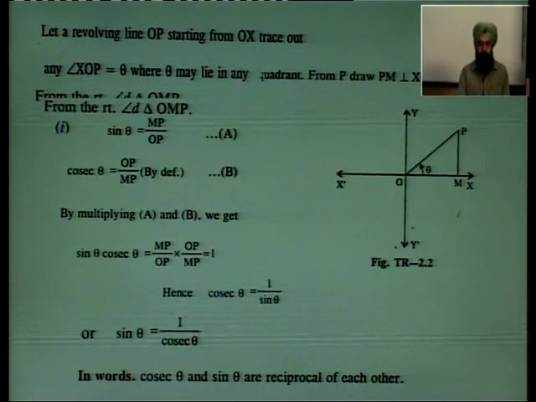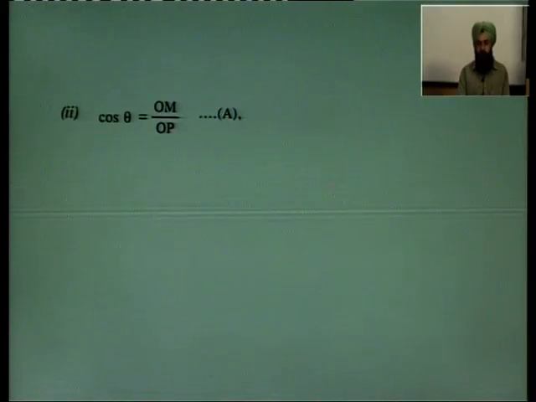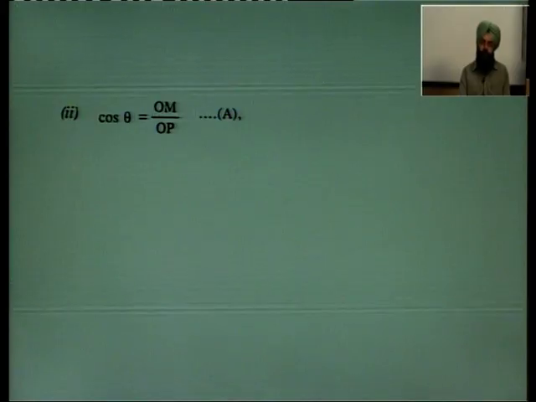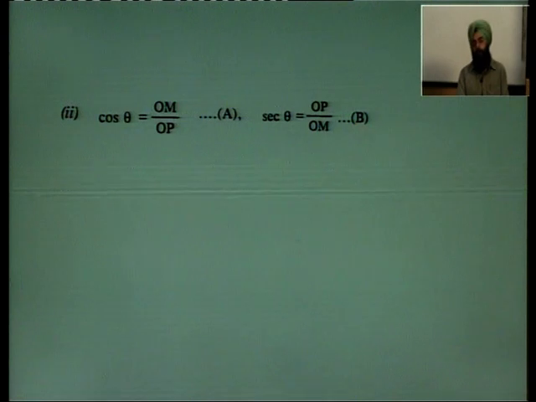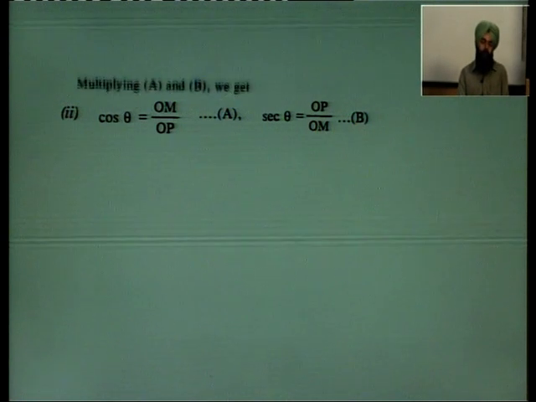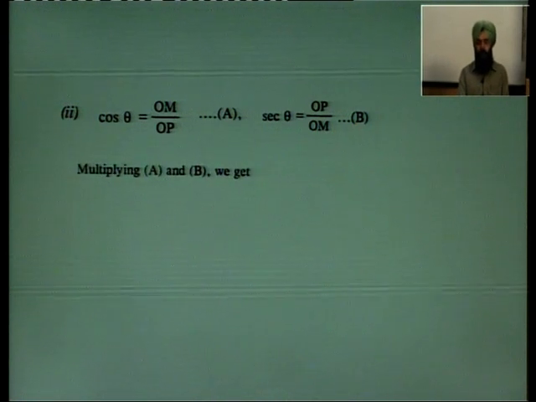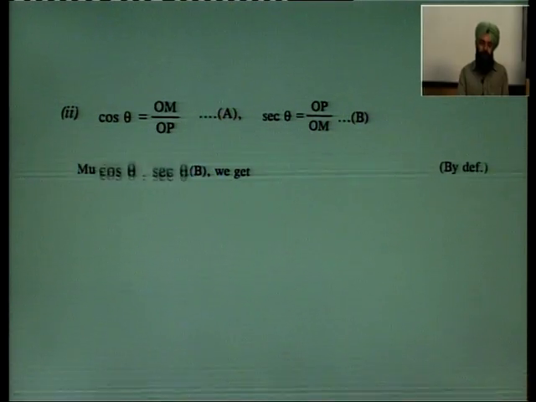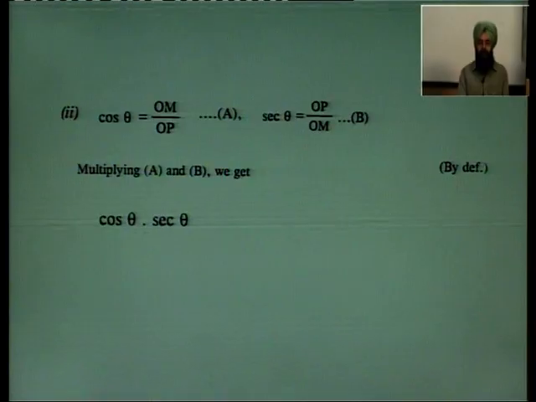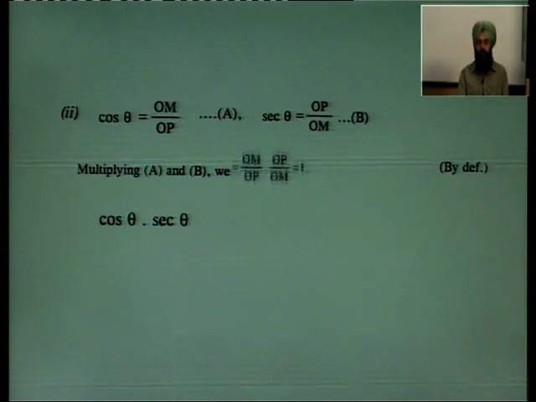Similarly, again we can take the right angle triangle OMP, and in this triangle we have cos theta is OM by OP and secant theta is OP by OM. When we multiply these two equations A and B, we have cos theta into secant theta, which will be equal to OM by OP into OP by OM, that is equal to 1.